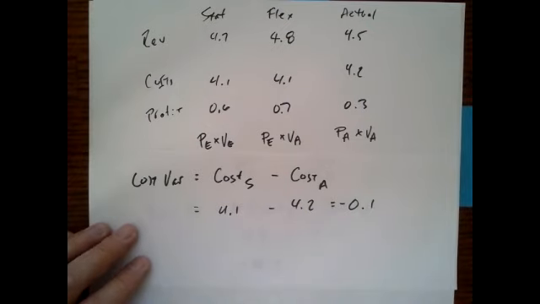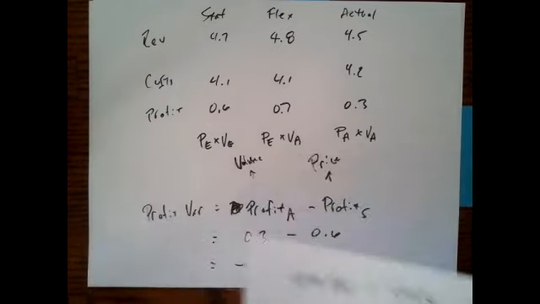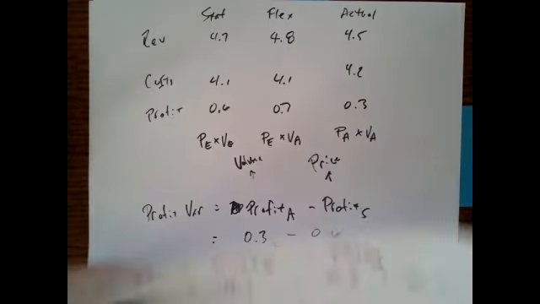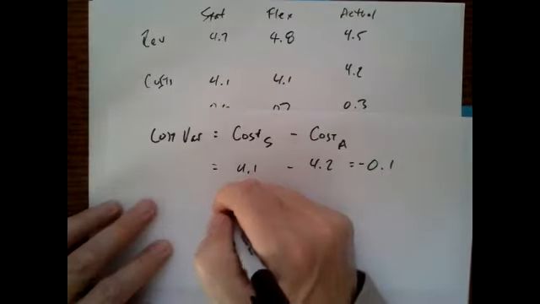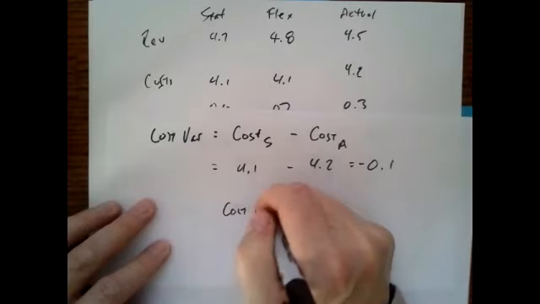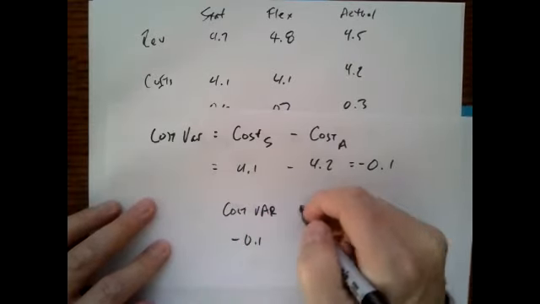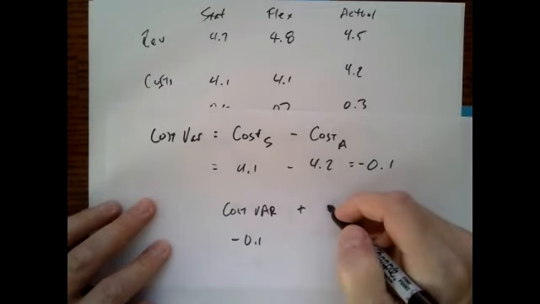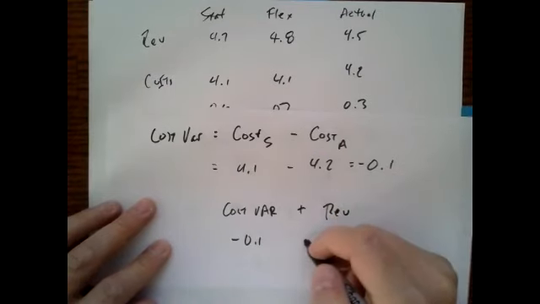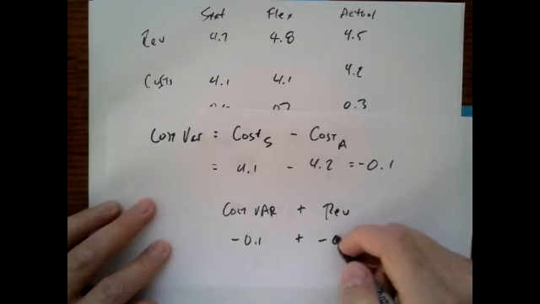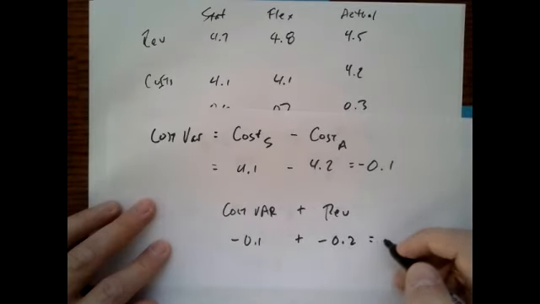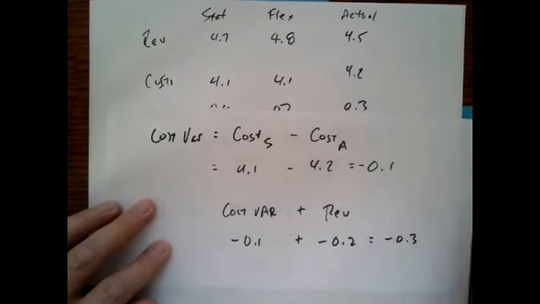So when we add those together, right, we have cost variance of negative 0.1 and revenue variance of negative 0.2, we wind up with negative 0.3.